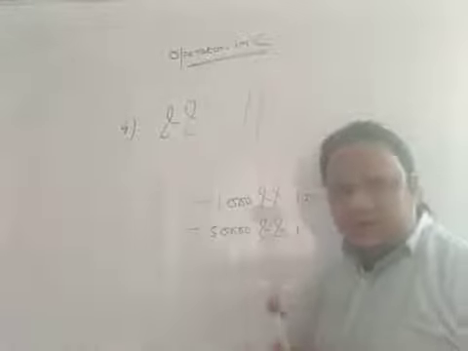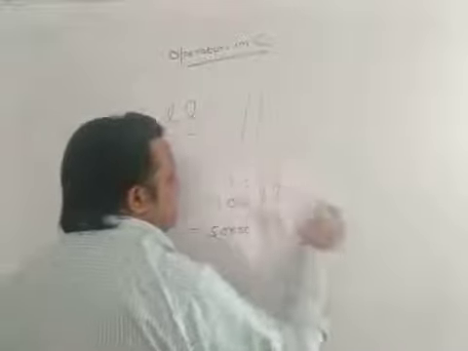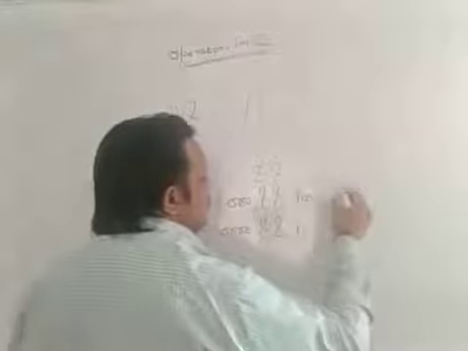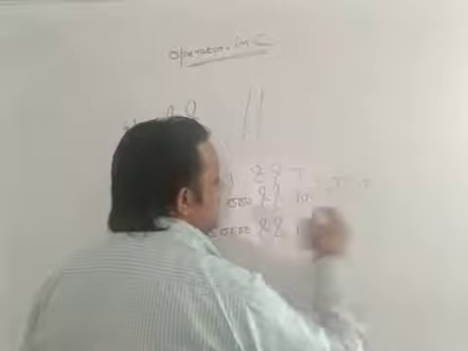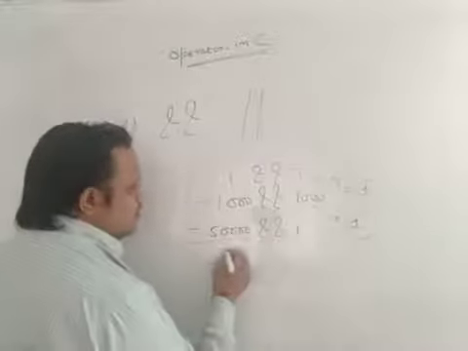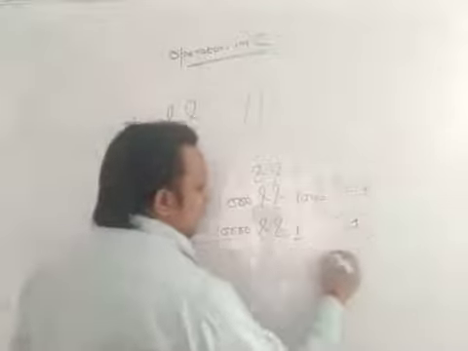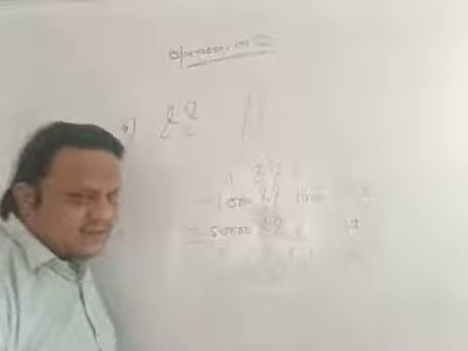Obviously it is true. All positive and all negative numbers are true, so this is true. And 1000 is also true, so true and true is true, and true means 1. So the answer of this expression is 1. Similarly, -50000 is also true, and this 1 is also true, so true and true is true, and true means 1. So the answer in both cases is 1.